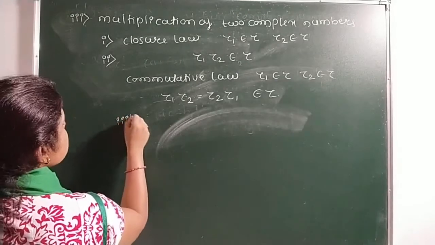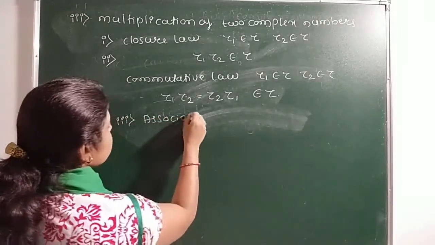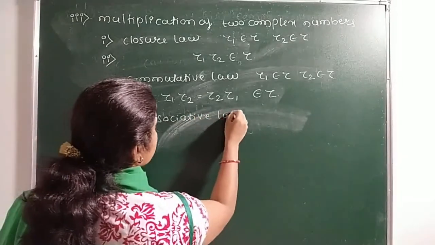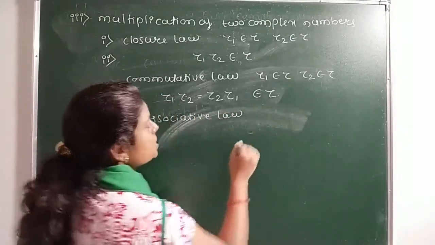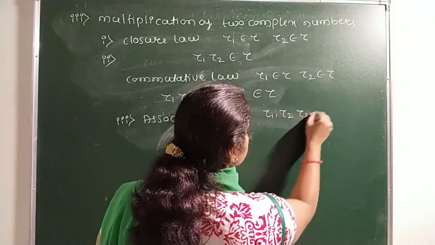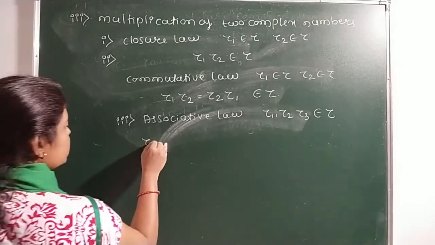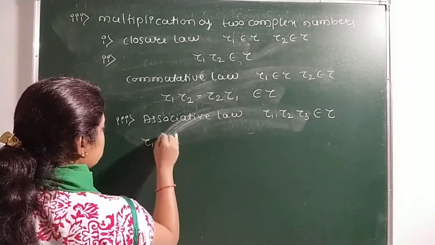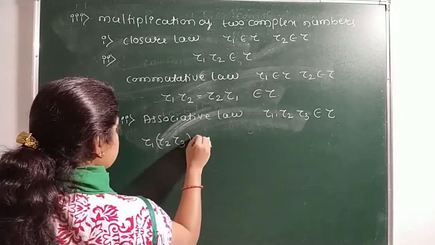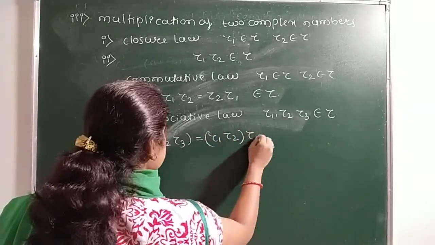The third one is the associative law. The associative law means here z1, z2, z3 belong to z. Here also the same. If z1 is multiplied with z2 and z3, it is equal to z1 into z2 into z3.